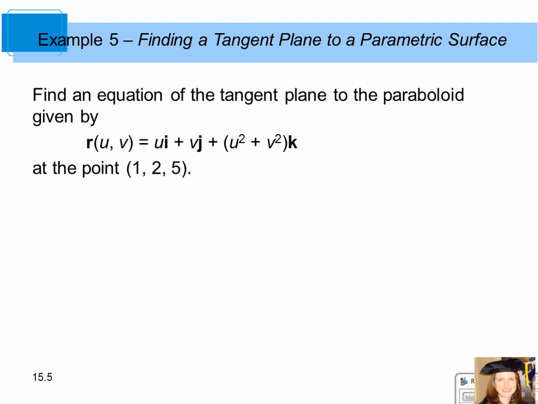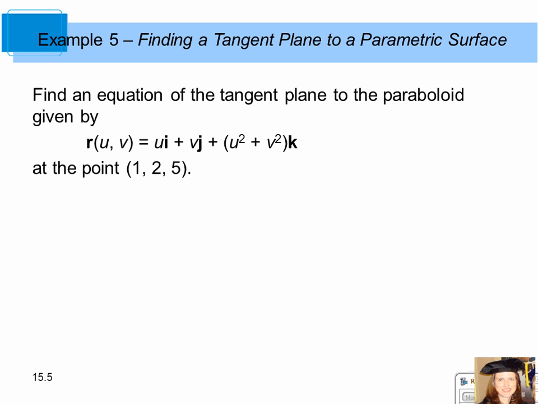In this example, we want to find the equation of the tangent plane to the paraboloid given by r in terms of u and v equals u i plus v j plus (u squared plus v squared) k at the point (1, 2, 5). To find the equation of a tangent plane, you need a point, which is given, and you also need a normal vector.